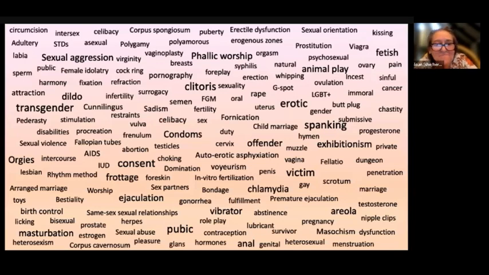Next word. Lubricant. What is lubricant? Lubricant, yes. These are the fluids produced during sexual intercourse between a man and a woman. Exactly. And we have our own natural lubricants.